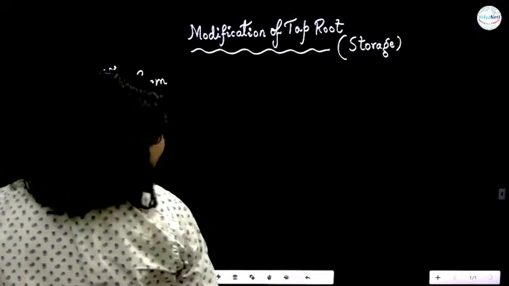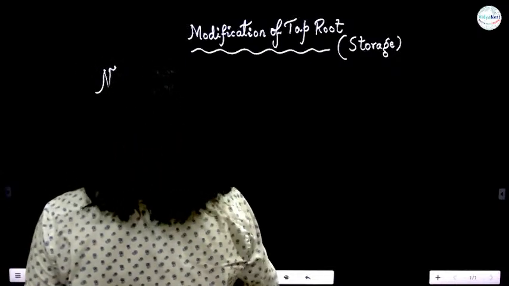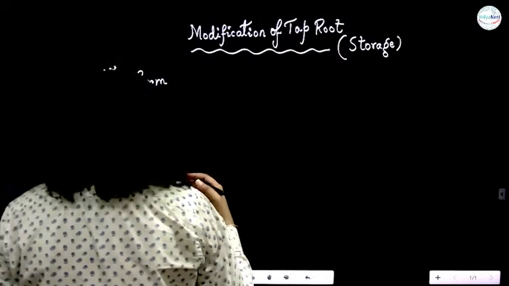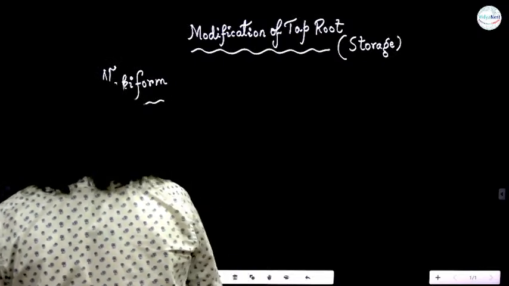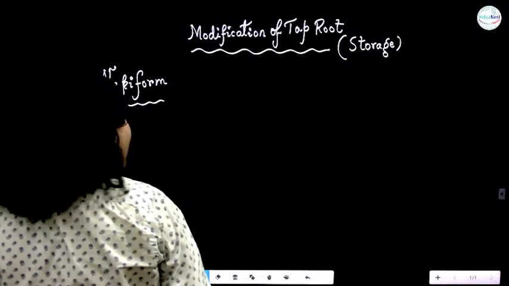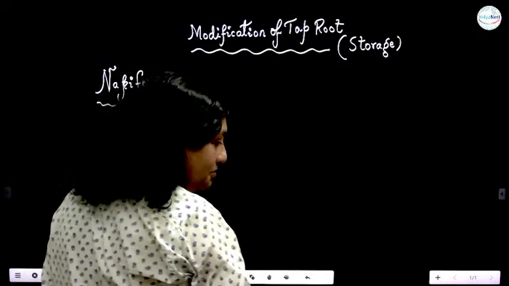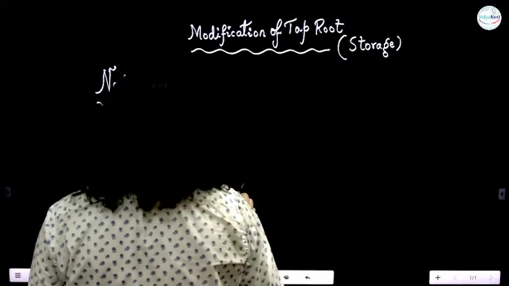Now what is this napiform type of taproot? This is a type of taproot which originates from the radicle, and here we can see that they are highly swollen at the middle and abruptly taper at the end.